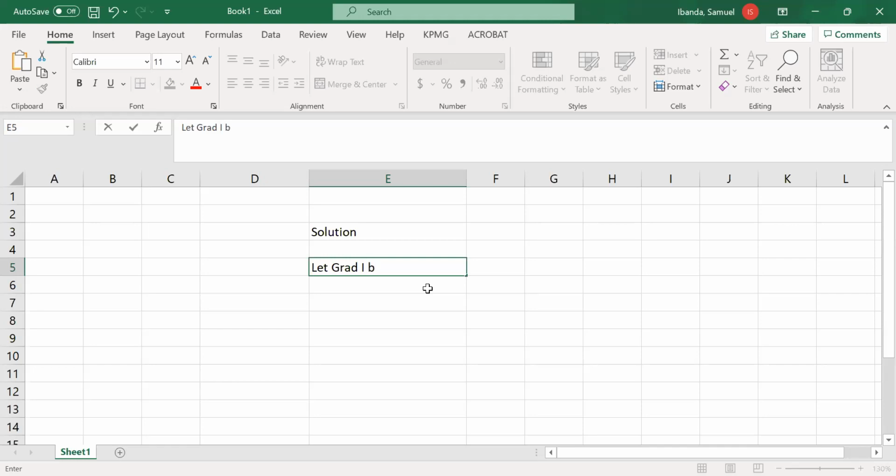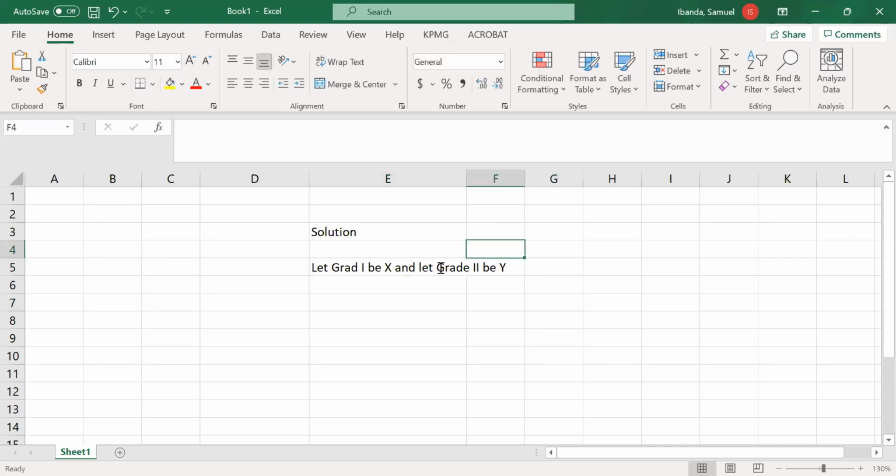Let grade 1 be X, and let grade 2 be Y. So that's the first thing that I want to basically do.